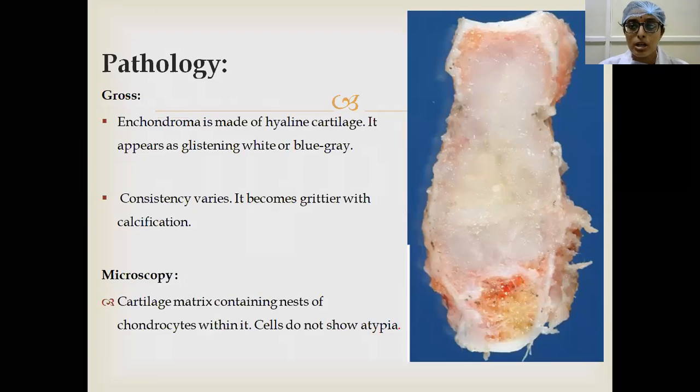However, if you find some myxoid component in the tumor, you have to suspect malignant change in the enchondroma. Coming to the microscopy, these contain nests of chondrocytes, but the differentiating feature is they do not show cellular atypia. Please message me if you are able to follow, because I don't know how far you remember the previously discussed things.